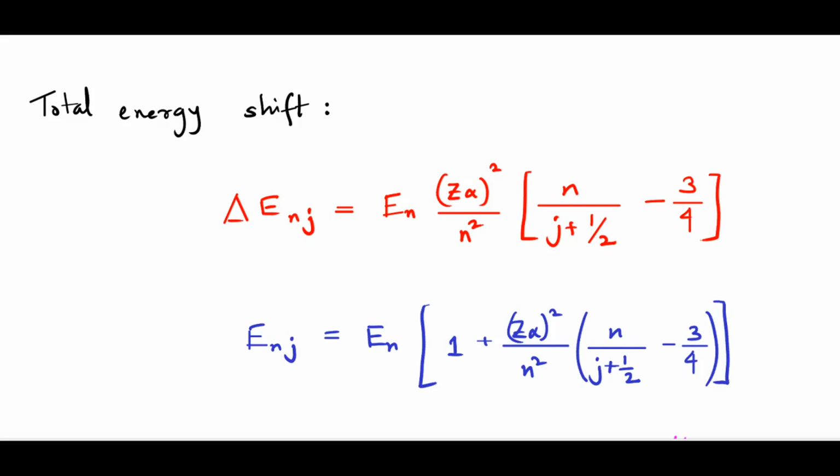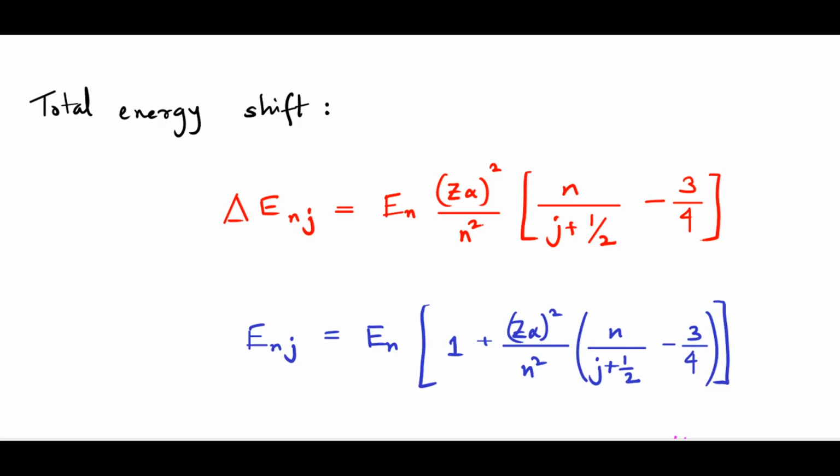Also, since the factor in the square bracket is of the order of 1, basically the fine structure splitting in the energy level is controlled by the (Z alpha)^2 by n^2 factor. So compared to the actual energy of the level, which remember is already proportional to 1 by n^2, the fine structure splitting has this extra factor of 1 by n^2. So higher levels split less.